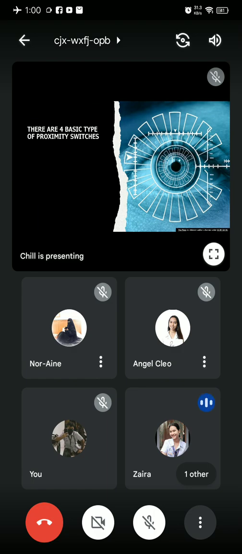The switch can detect the approach of a metallic device part with the help of a magnetic or electromagnetic field.